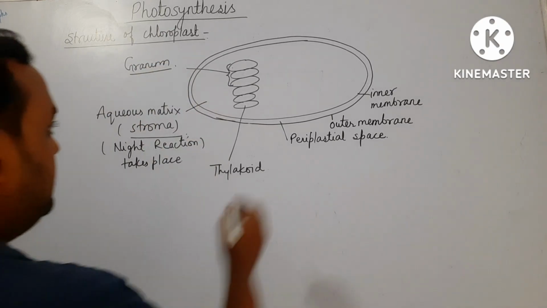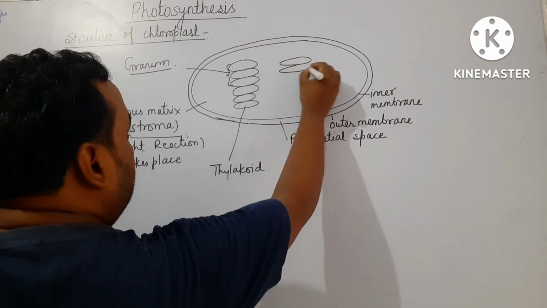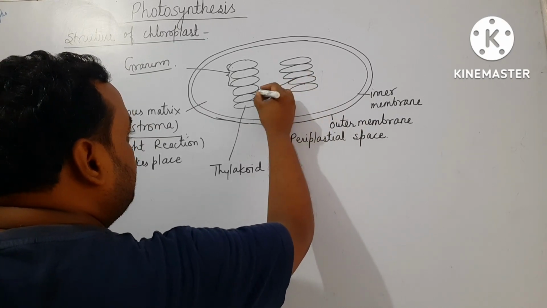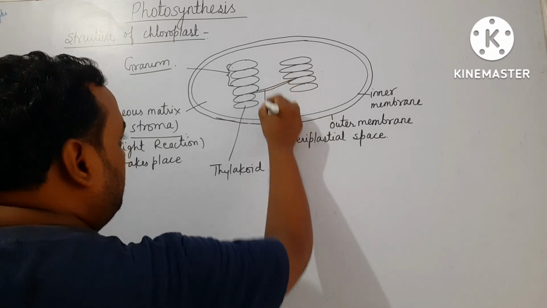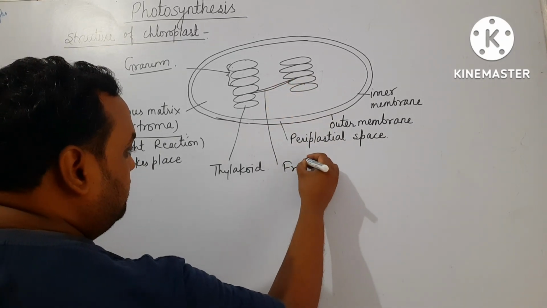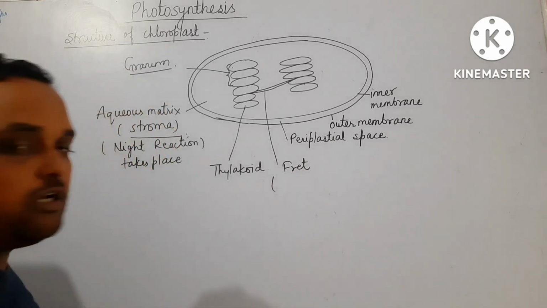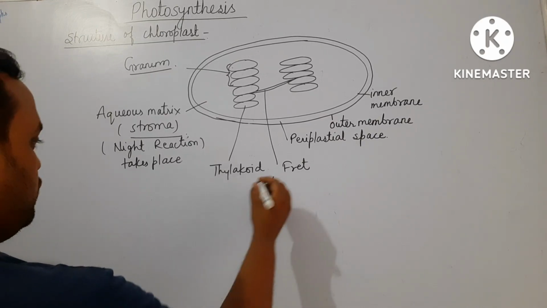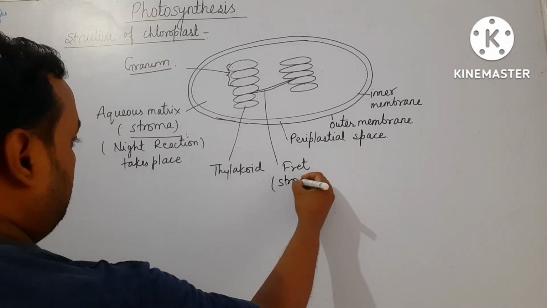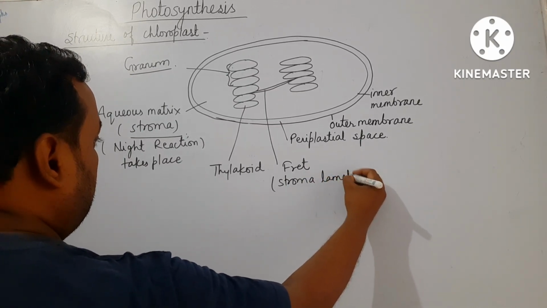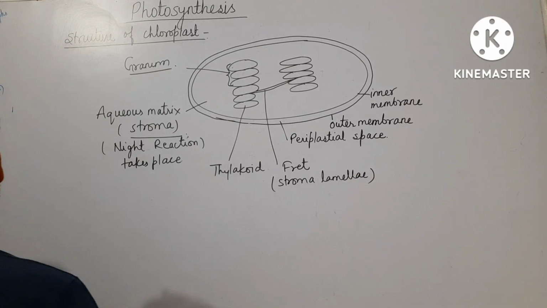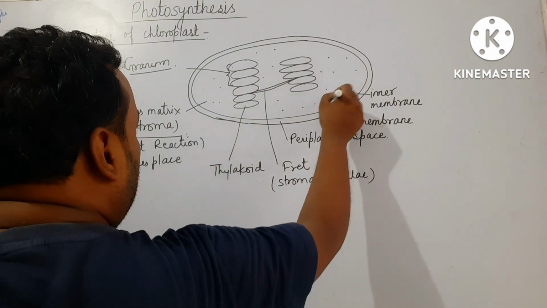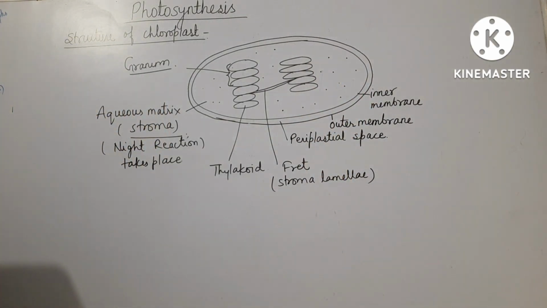Another thylakoid membrane is present here, and they are attached with the pipe-like structure which is known as fret, or in most of the books it is mentioned as stroma lamellae. This region is known as stroma, where the dark reaction will take place.